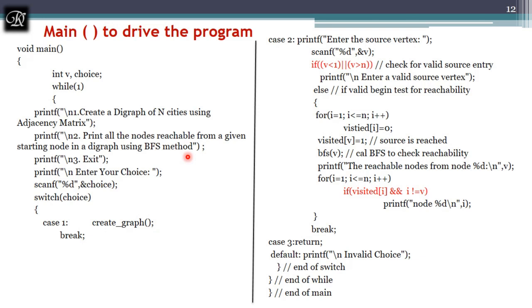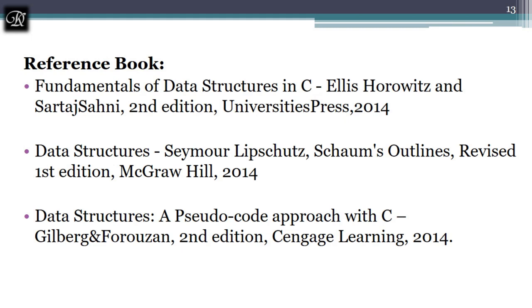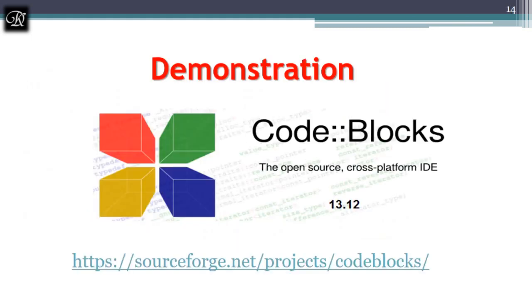We are choosing BFS here. Once you enter a choice, if it is create graph, it calls the create graph function. If it is reachability checking, it goes to the second choice. These are the things I explained just before. Finally, it will come out of the program. These are the references I made to explain this experiment. We'll see the demo.